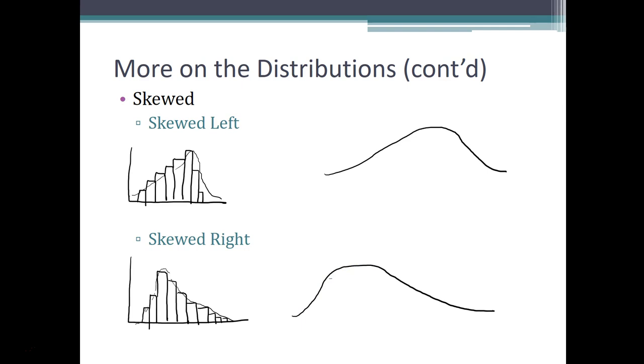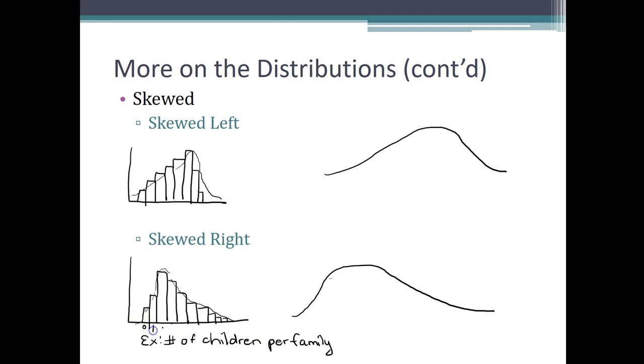An example of a distribution skewed to the right might be the number of children per family. You'll have a few that have 0 children.